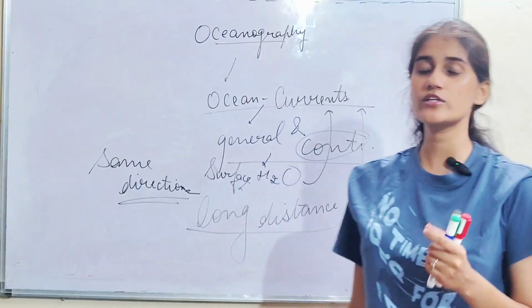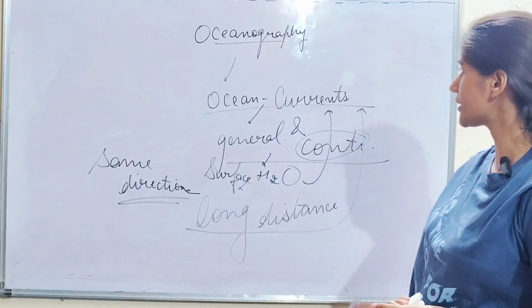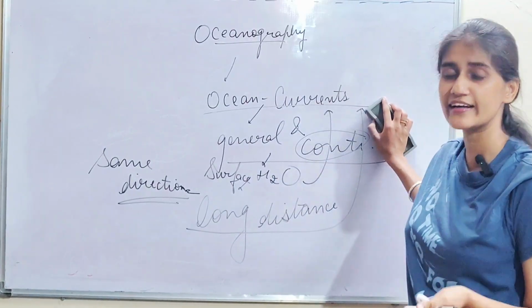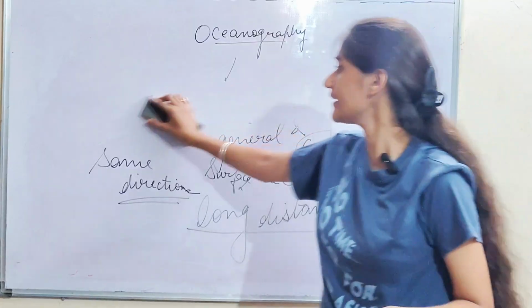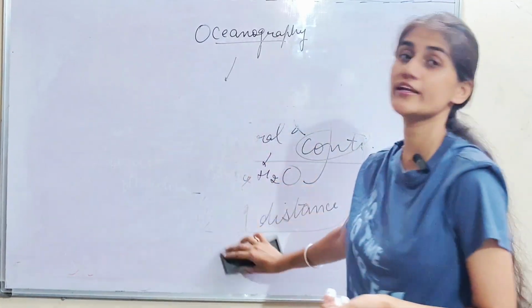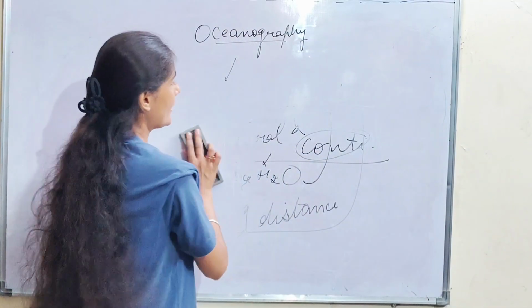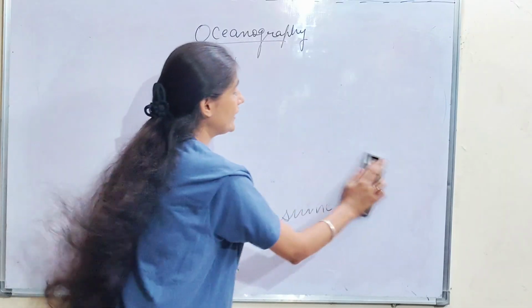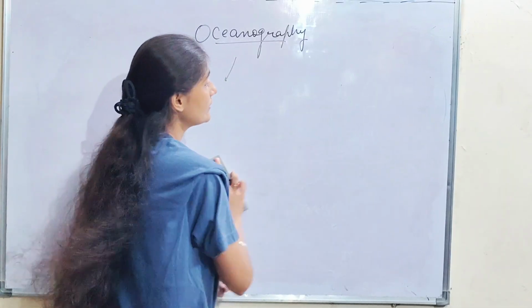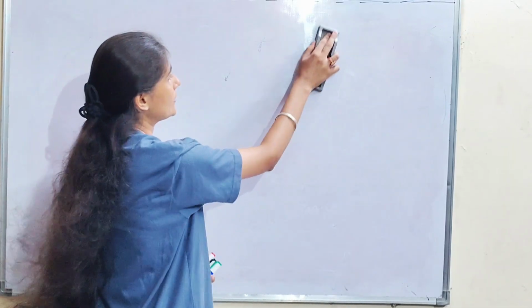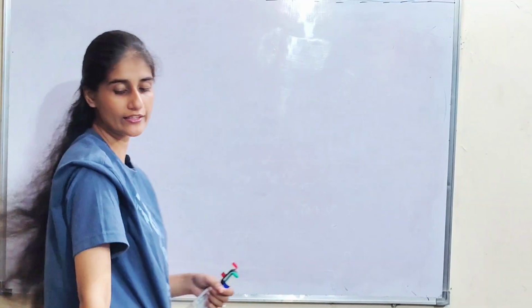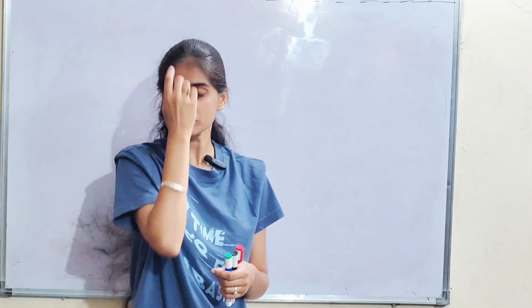After that, we covered some of the factors which affect oceanic currents. What is the triggering effect? That is the wind. Then we did Coriolis force, then temperature, and then we covered the different types of oceanic currents in different oceans, for example cold and warm.